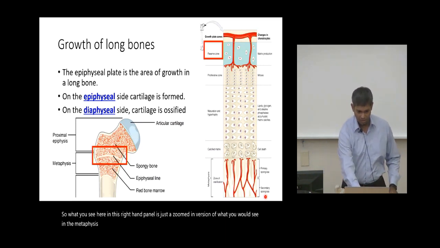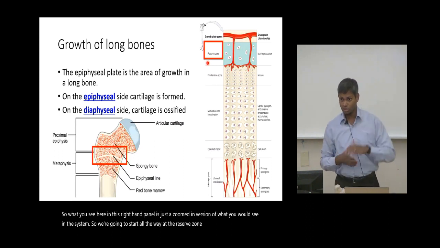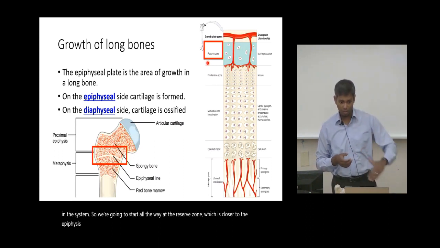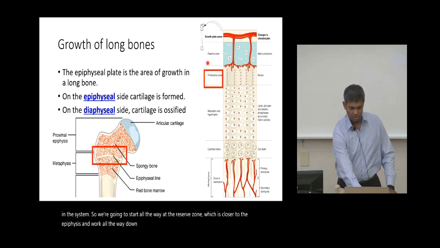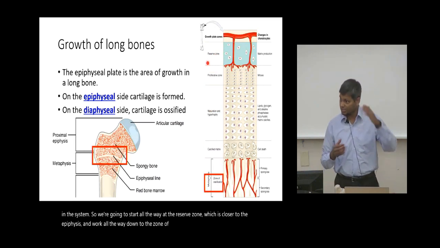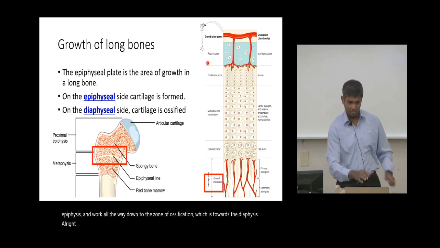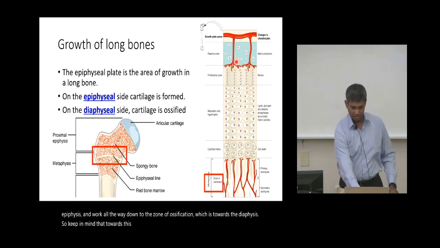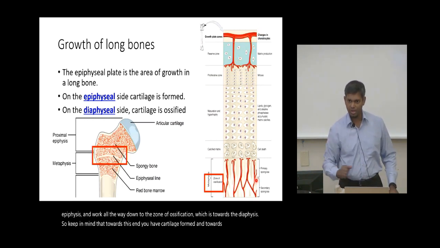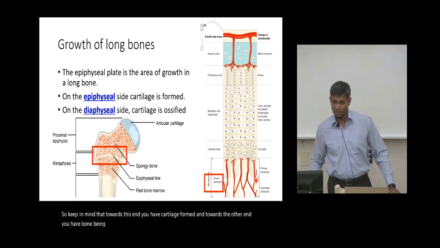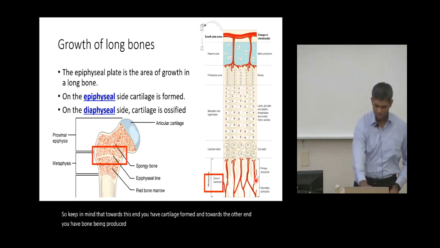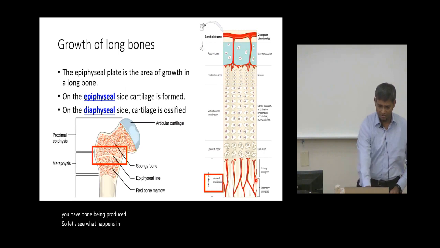So we're going to start all the way at the reserve zone, which is closer to the epiphysis, and work all the way down to the zone of ossification, which is towards the diaphysis. Alright, so keep in mind that towards this end you have cartilage formed, and towards the other end you have bone being produced. So let's see what happens in each of these regions.